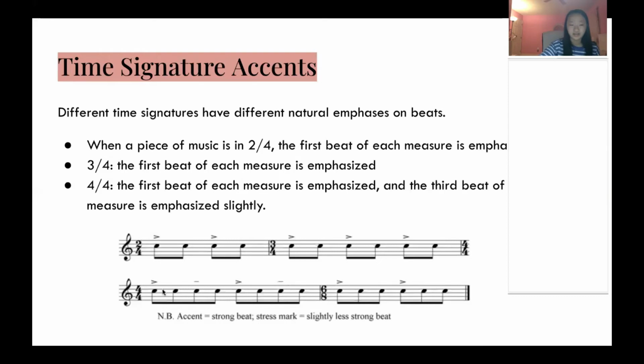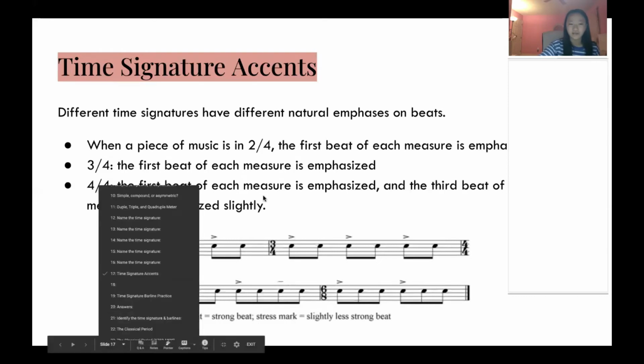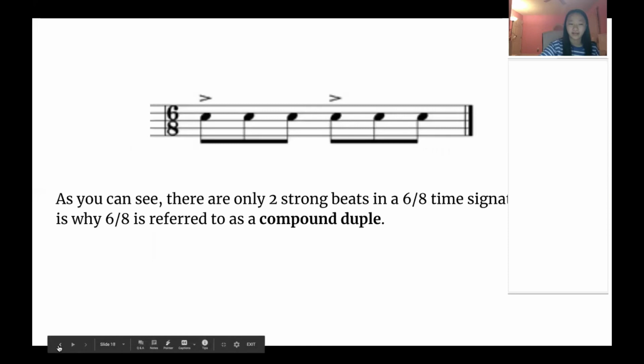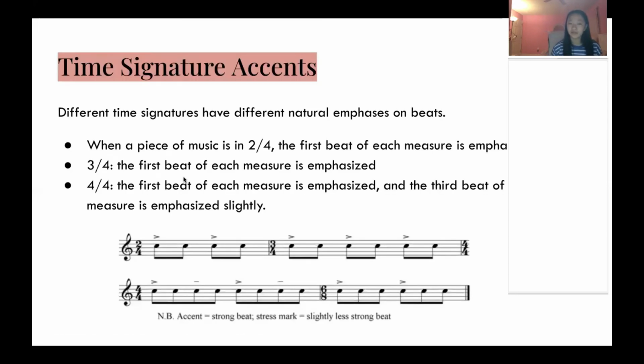Yeah. Let's just, okay, after I talk about 4/4, we'll go back there. So 3/4, the first beat of each measure is emphasized. This one, I think they drew a little wrong. I guess some pieces do this, but mostly the first beat of each measure is emphasized, only the first beat. Okay, and then 4/4, the first beat of every measure is emphasized and the third beat is emphasized slightly.